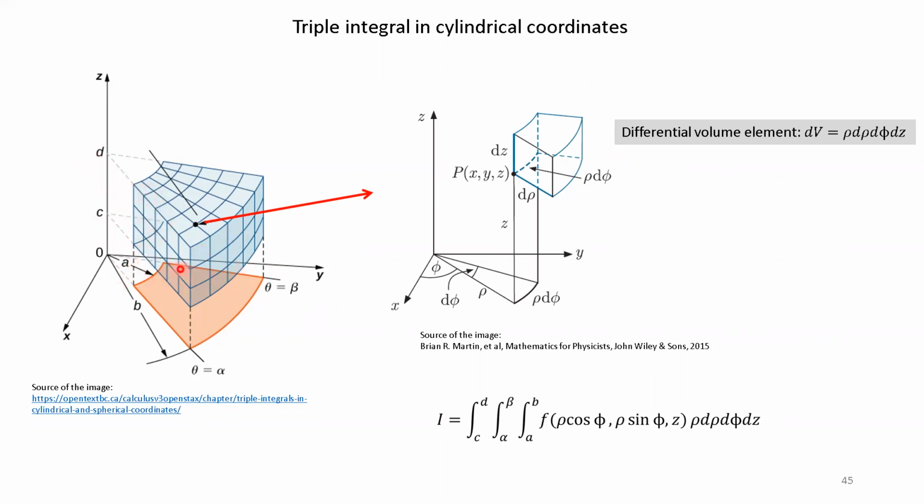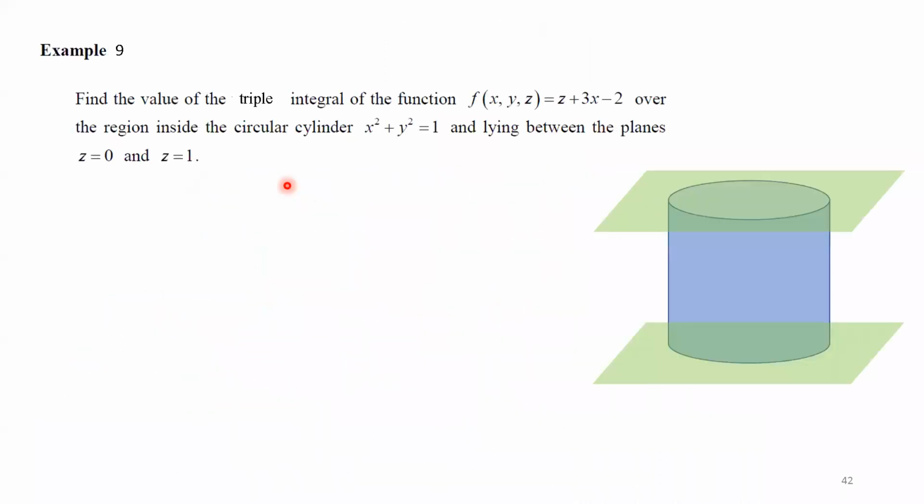Okay. So then I think a very good example to look at is to go back to this one. Last time we tried this example using Cartesian coordinates. Okay. So for this kind of integration region, this is exactly just a cylinder.